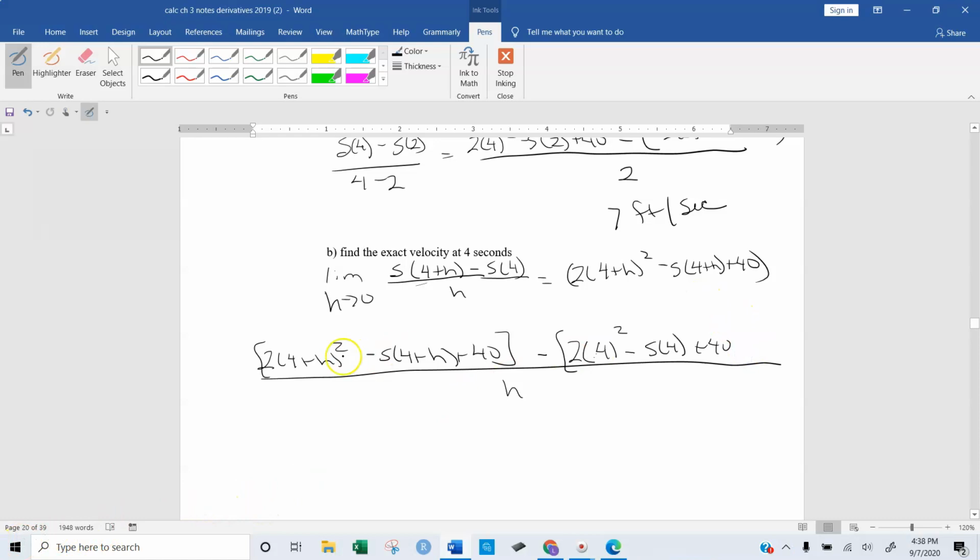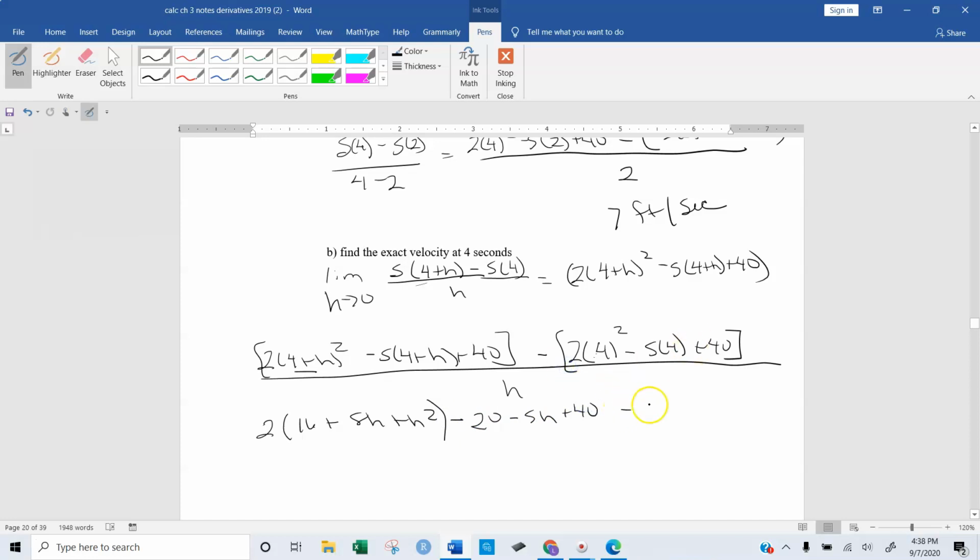I hope you plugged everything in right. Now, when you square this out, you should have gotten 2 times 16 plus 8h plus h squared, that's this guy squared, minus 5 times 4, which is 20, minus 5h plus 40.